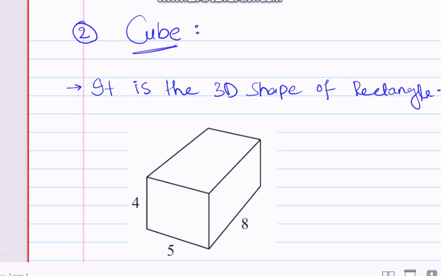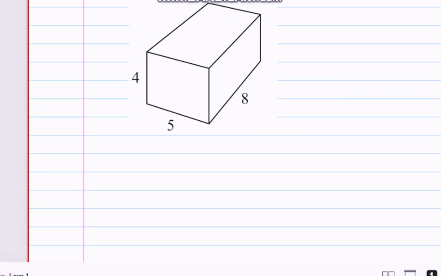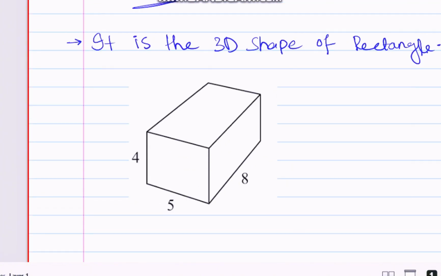Students, we have the cube now, and this is a picture of the cube. Basically, it is three-dimensional, like a rectangle. There are three dimensions: here it is the length, this is the height, which is 4, and the width, so the base is 5.